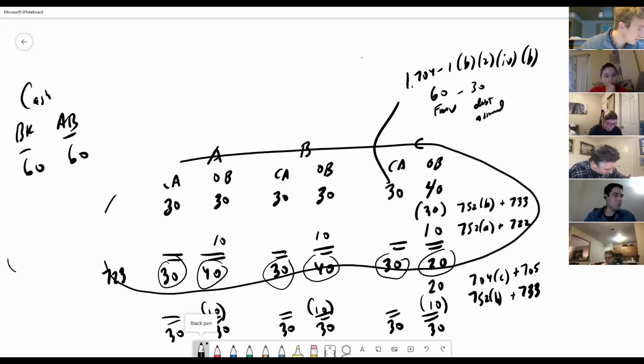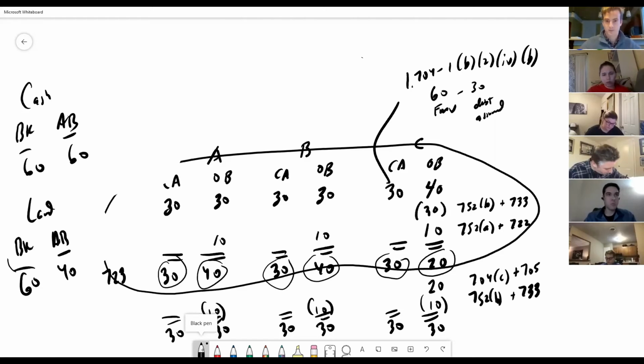Again, in C, the land still has a basis of 40. Now the debt is 40 and it's non-recourse. Sorry, 30.